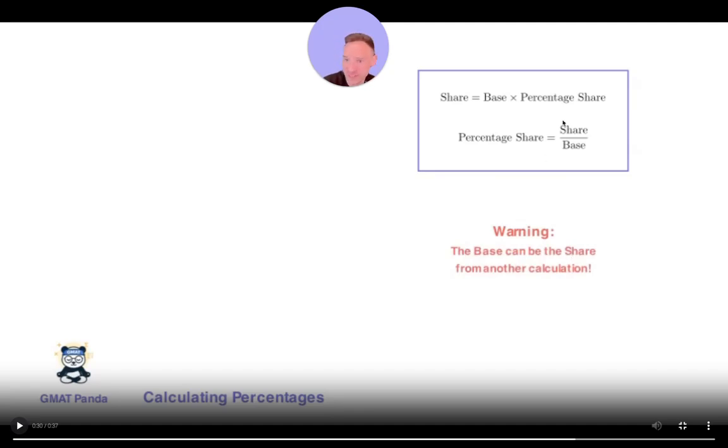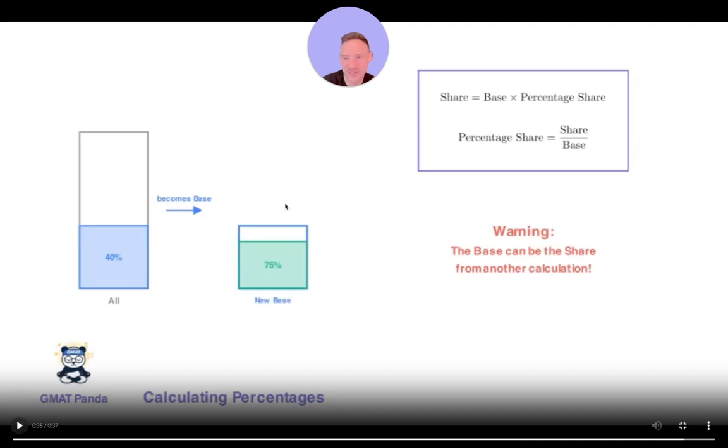However, when you're working out what is what, be very careful to not just rely on the units. Why? Because it's not because something has a percentage at the end that it's automatically a percentage share. That could also be the share or the base. Yes, I know, it's starting to become a bit complicated. So let's say that we're surveying some part of the population.